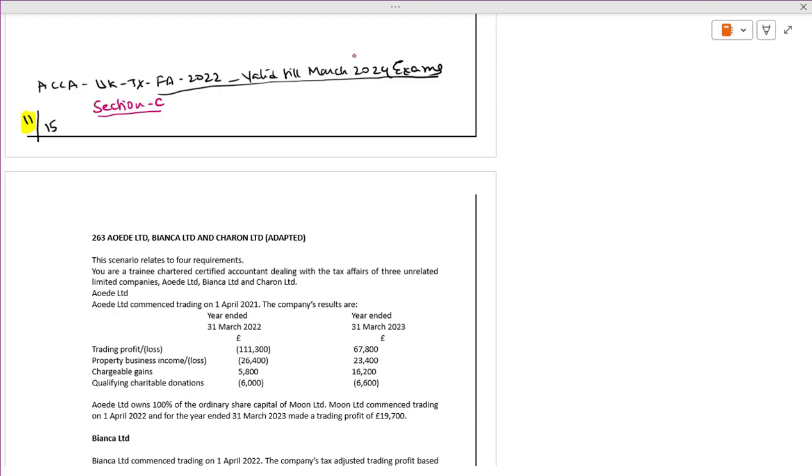Fine. This is with respect to Aoede Limited. There are 3 questions. One is Aoede Limited, the second is Bianca Limited, and the third one is Chargeable Limited. Okay. What they have said: you are a trainee chartered certified accountant, dealing with the tax affairs of 3 unrelated companies.